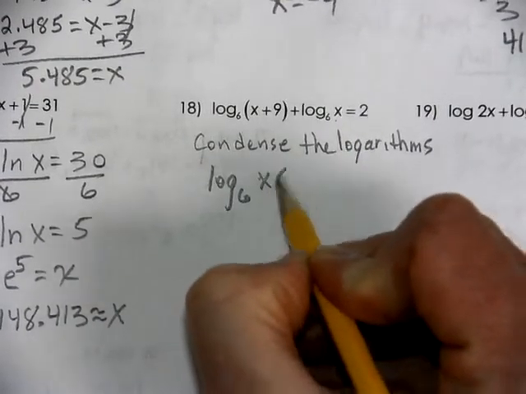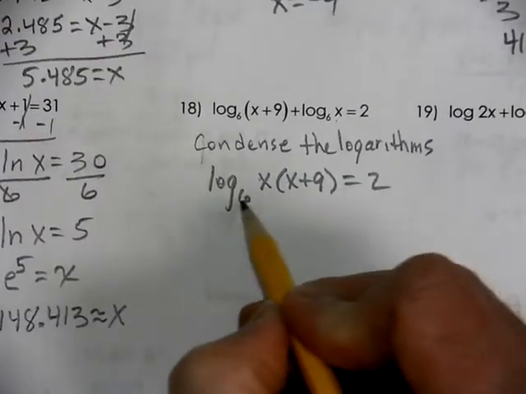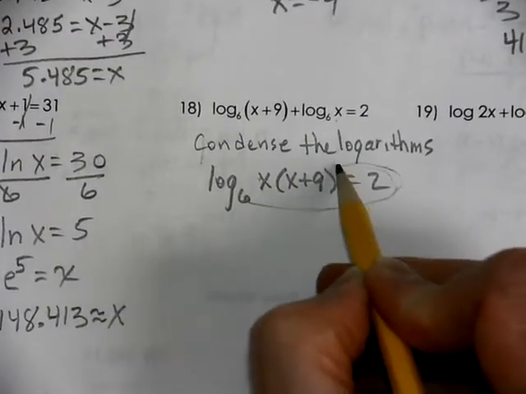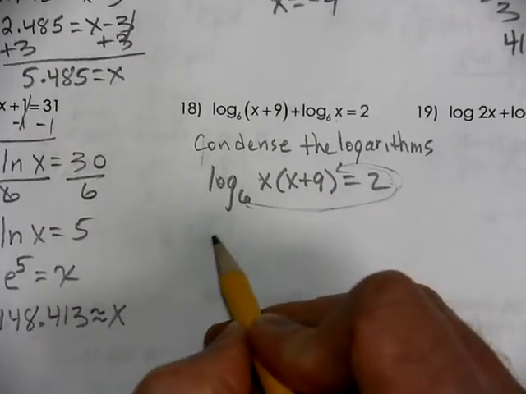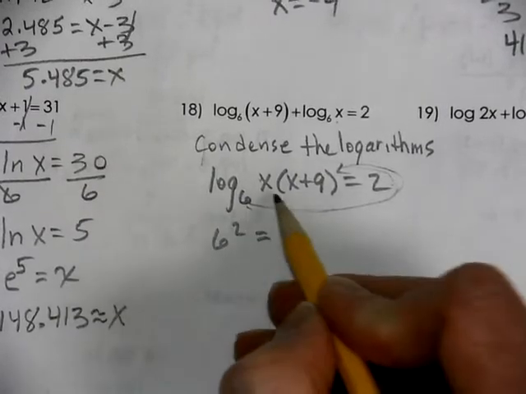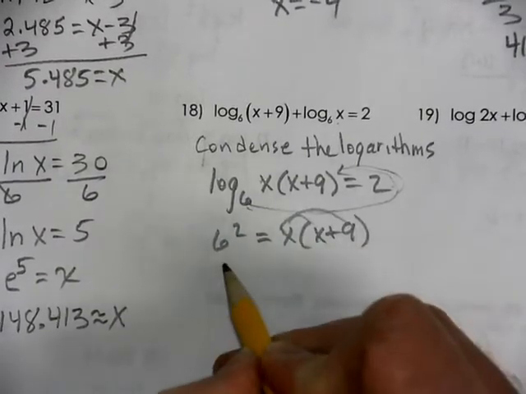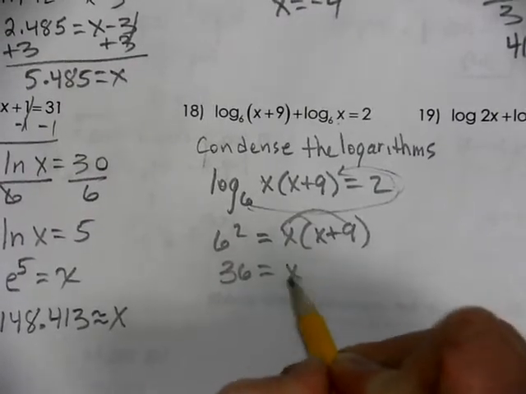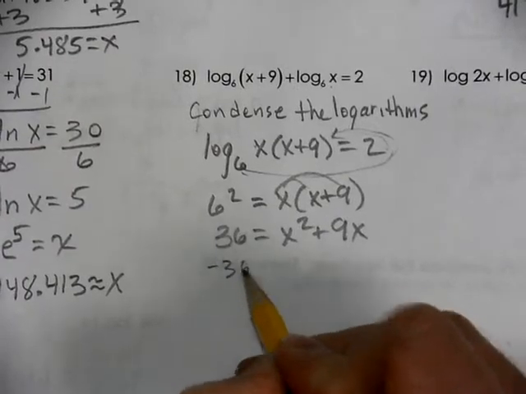I like to put the monomial first and the binomial second. So we're going to write this as 6 to the 2nd power equals our x plus 9. Distribute, gives us x squared plus 9x. We'll move our 36 over.